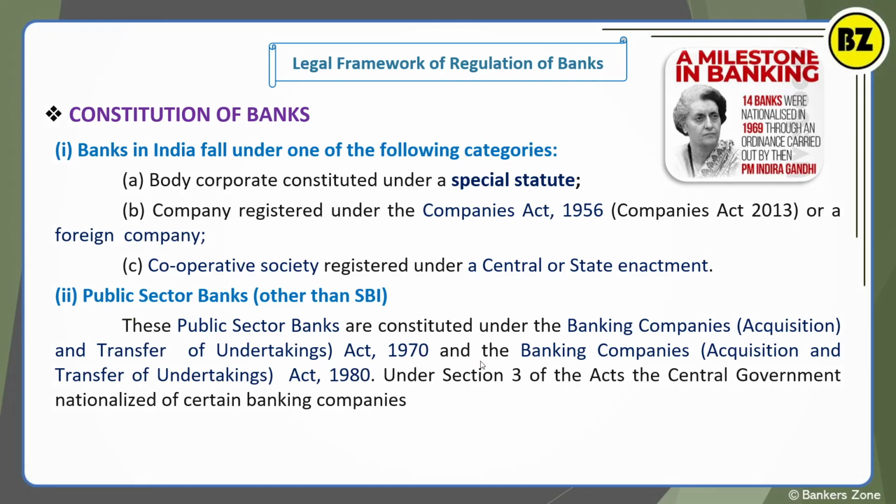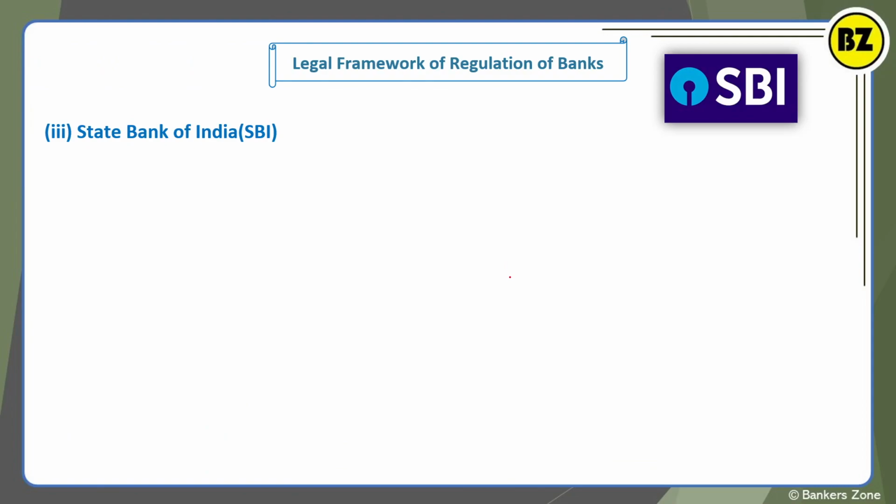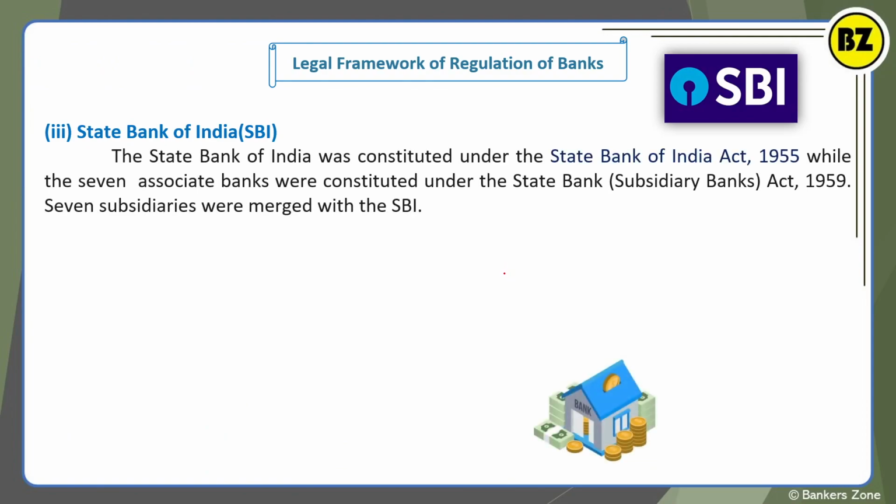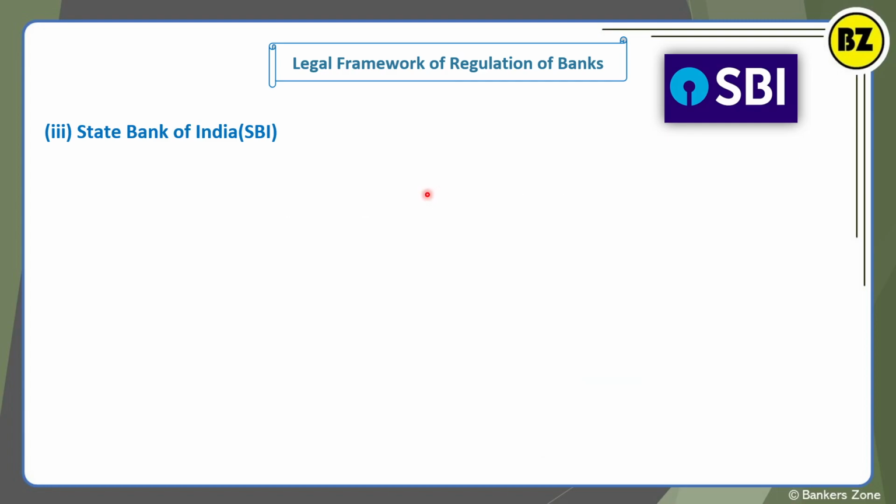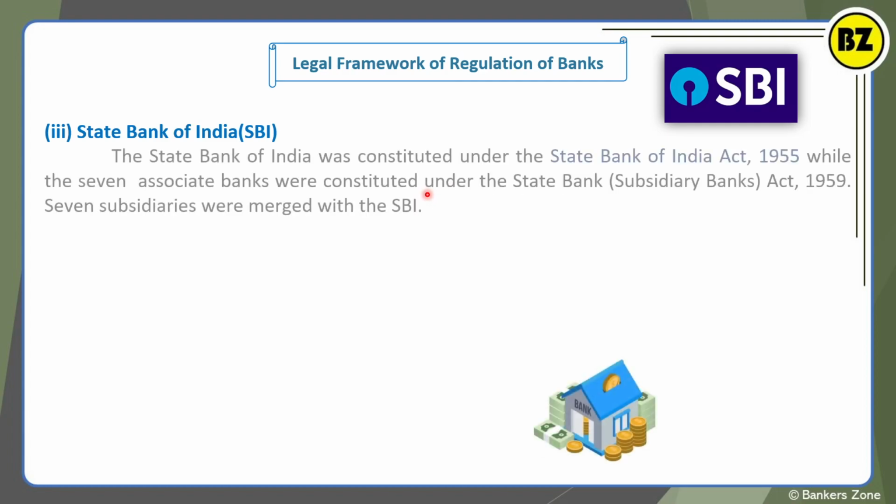Now see State Bank of India. It was constituted under the State Bank of India Act 1955, while 7 associate banks were constituted under the State Bank of India Subsidiary Banks Act 1959.